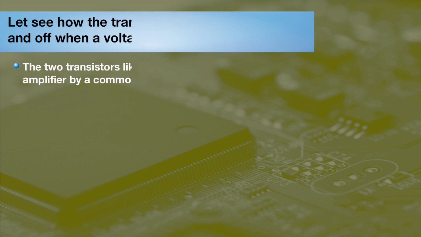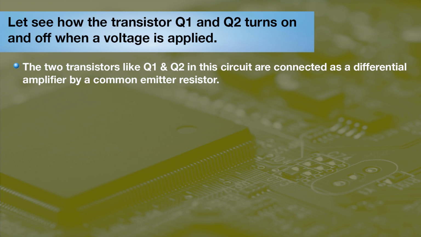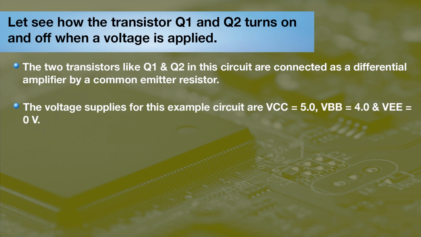Let us see how transistors Q1 and Q2 turn on and off when a voltage is applied. The two transistors Q1 and Q2 in the circuit are connected as a differential amplifier with a common emitter transistor. The voltage supplies for the example are VCC equal to 5 volt, VBB equal to 4 volt, VE equal to 0 volt.